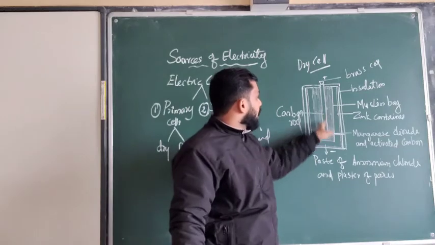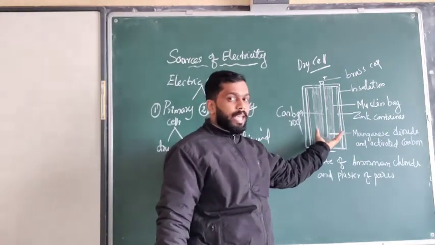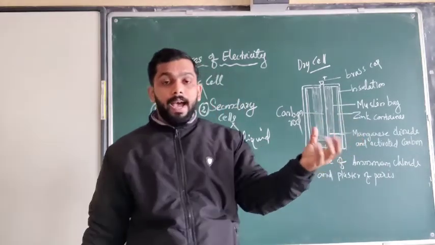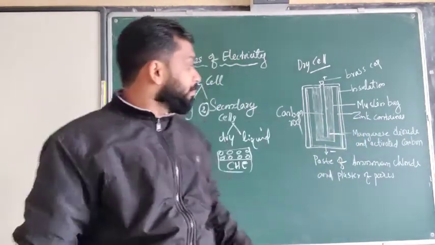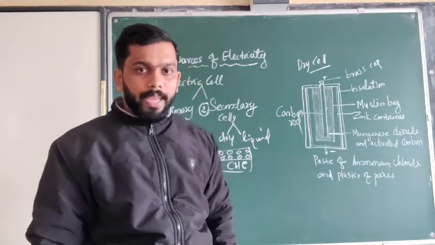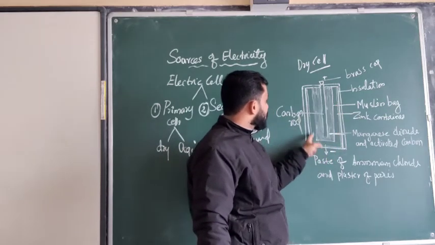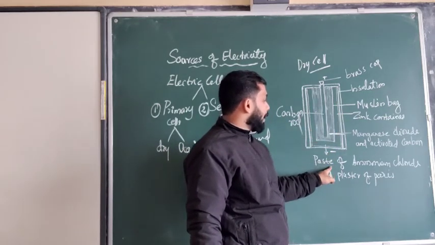So around the carbon rod there is a muslin bag, and in the muslin bag, manganese dioxide and activated carbon or charcoal are kept.